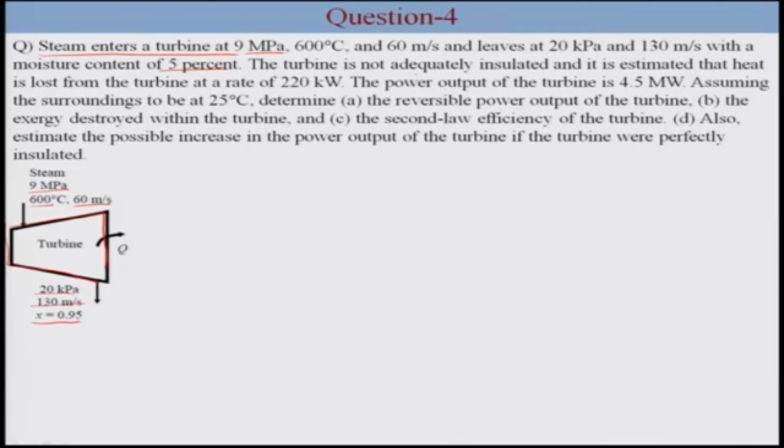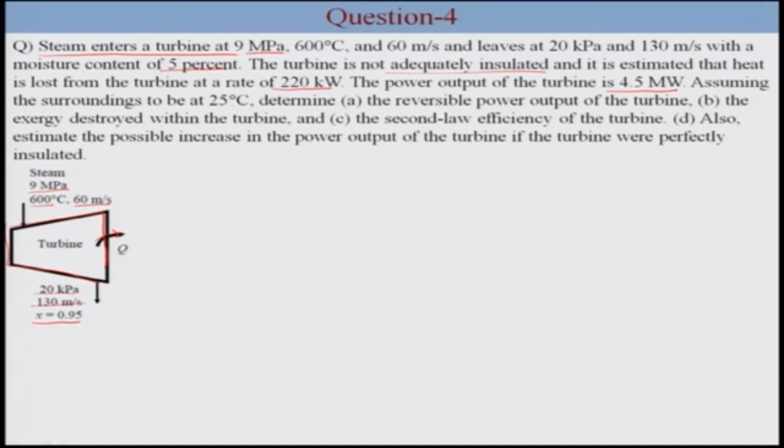The turbine is not adequately insulated, so some heat is going out. It is estimated that heat is lost from the turbine at a rate of, so this is the heat loss, Q dot is 220 kilowatt. The power output of the turbine, the work produced, is 4.5 megawatt.